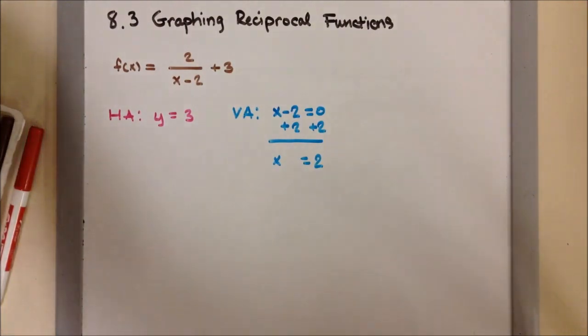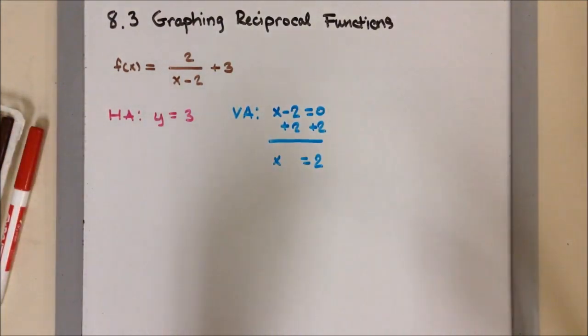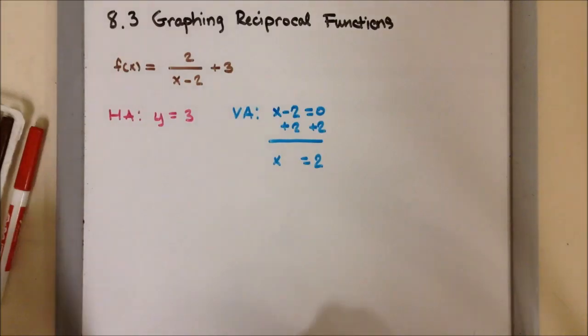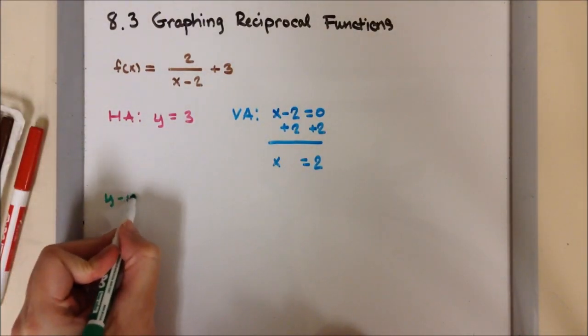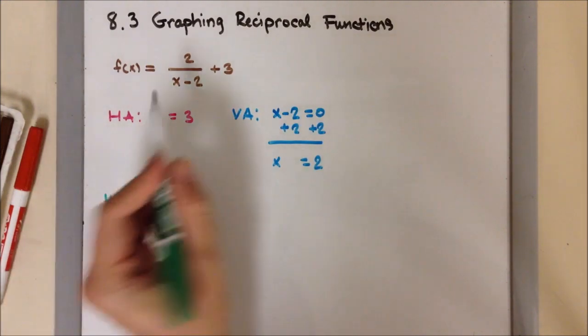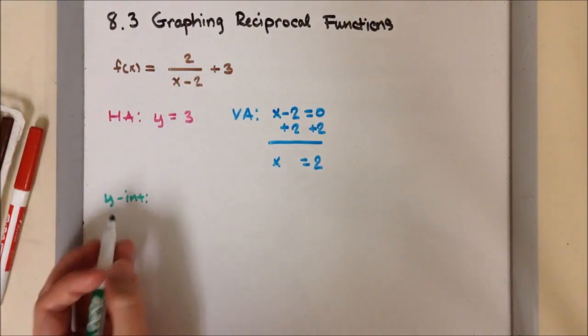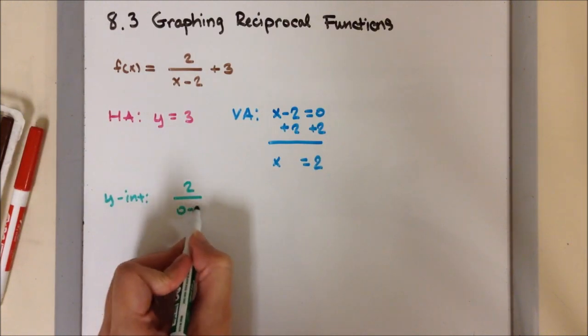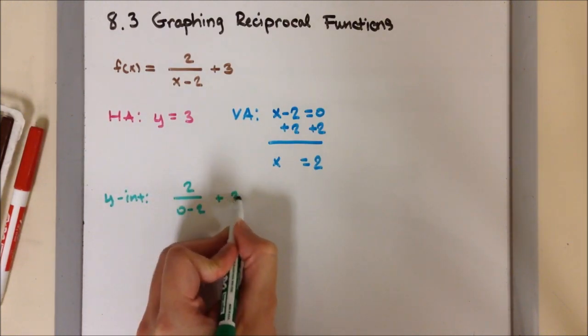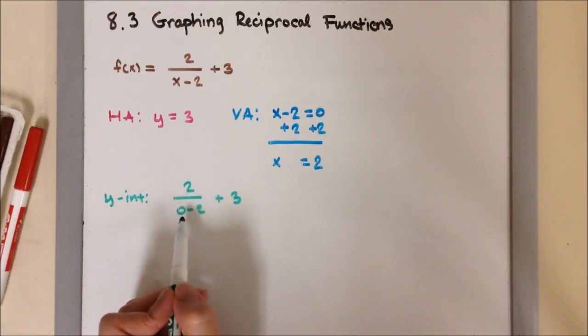Now let's focus on finding the intercepts. I'm going to do the y-intercept because that's going to be the easier part. So the y-intercept is going to be plugging in 0 for x. So we're going to have 2 over 0 minus 2, and then plus 3. So I'm going to simplify the fraction.